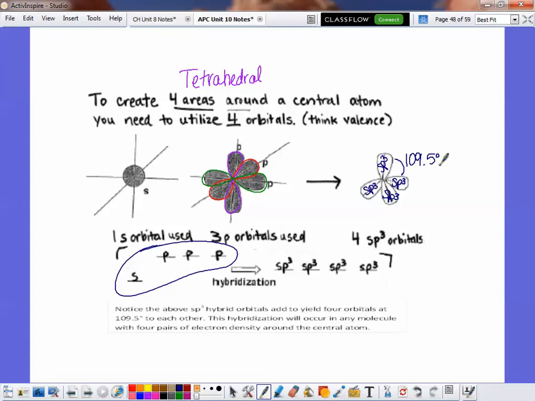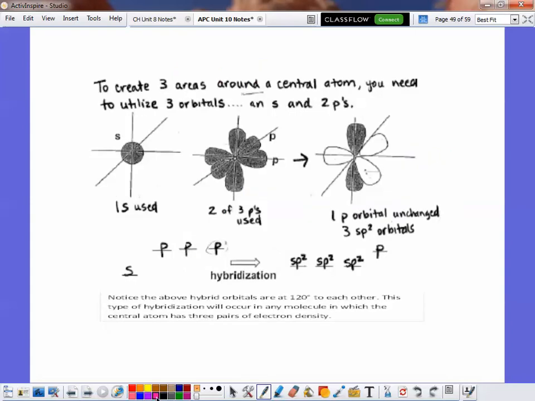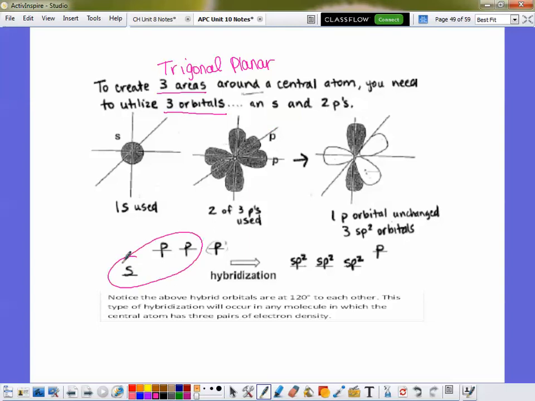Okay. Let's look at if we wanted to make 3 areas around a central atom. 3 areas would be trigonal planar. In order to make 3 areas, we need 3 orbitals. So we're going to use 1 s and 2 p orbitals.